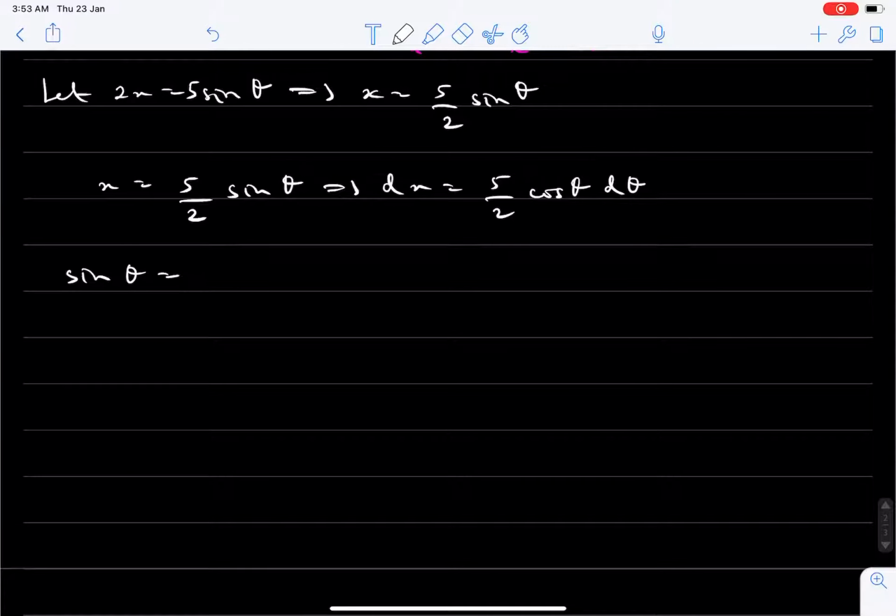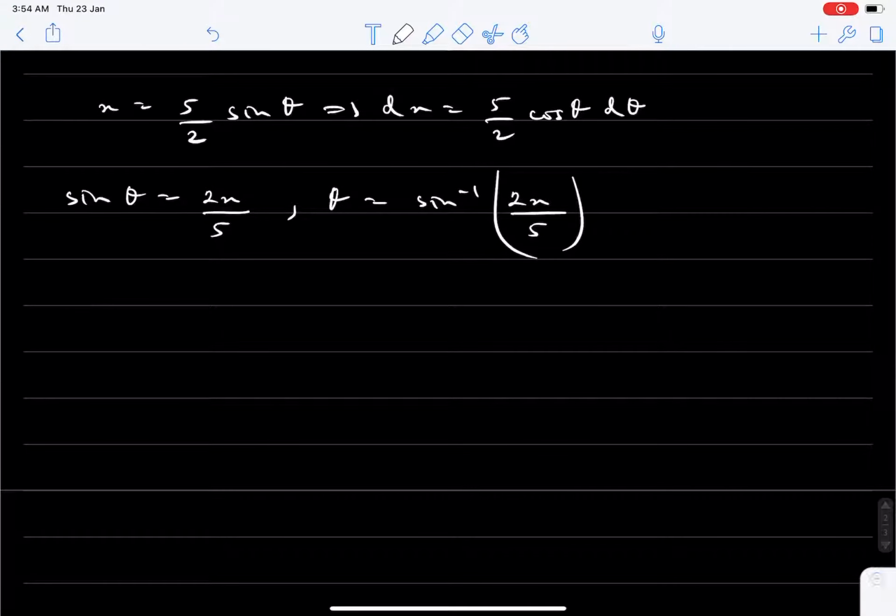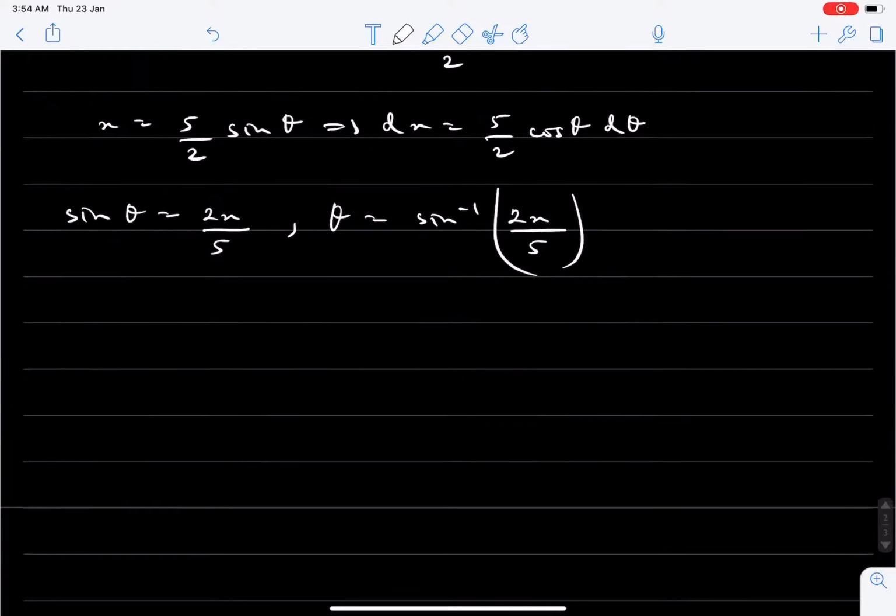So that means sine theta is 2x over 5. And theta itself is the sine inverse of 2x over 5.